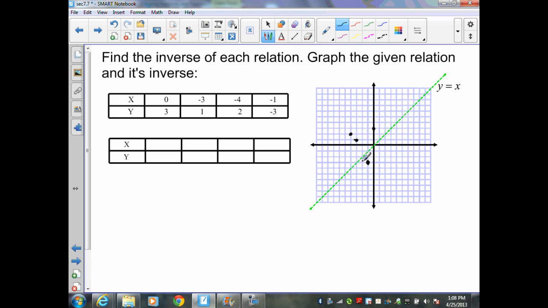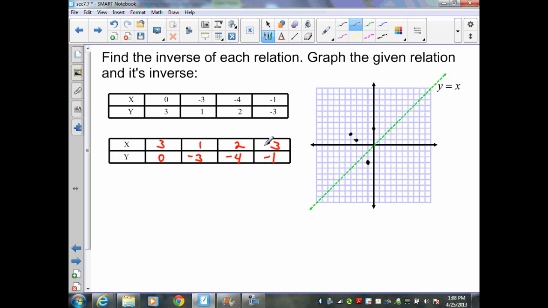The inverse is going to be: 0, which is part of the domain, becomes the range, along with -3, -4, -1. The entire domain becomes the range, and the range becomes the domain: 3, 1, 2, -3.